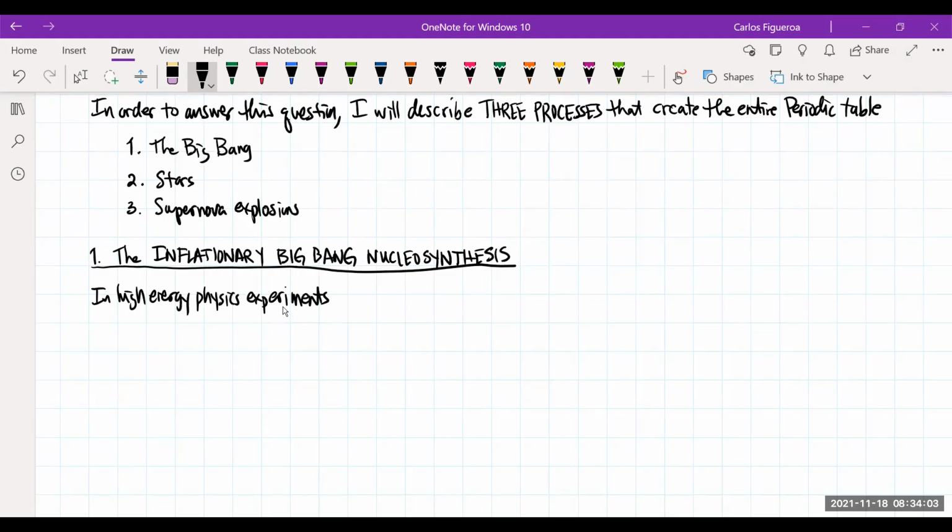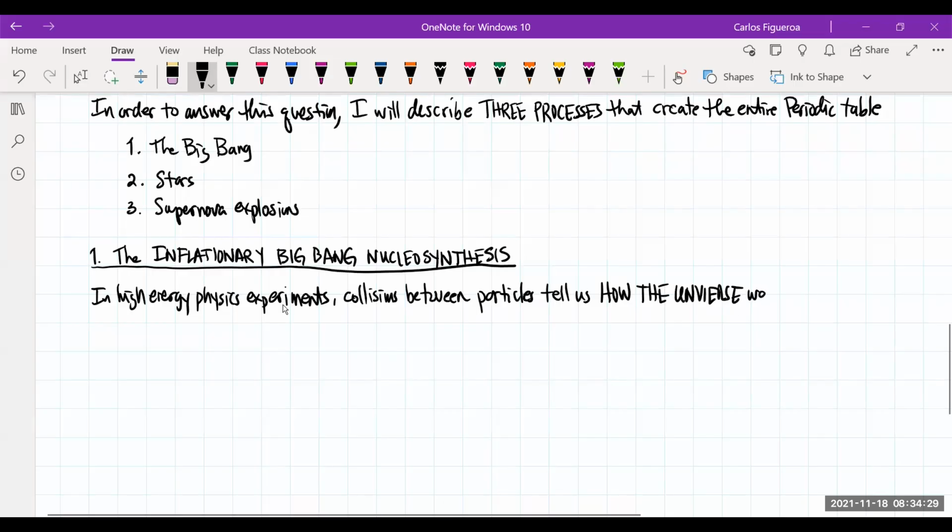There's numerous high energy particle accelerators and detectors that can do this. So in high energy physics experiments, collisions between particles tell us how the universe was moments after it was created.